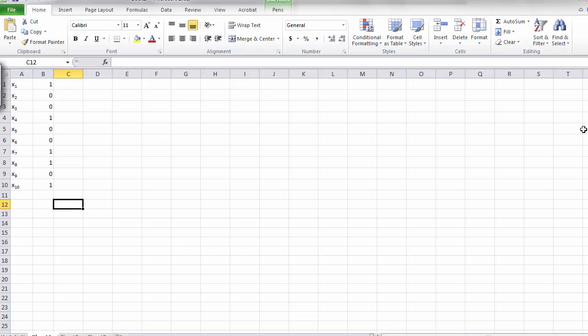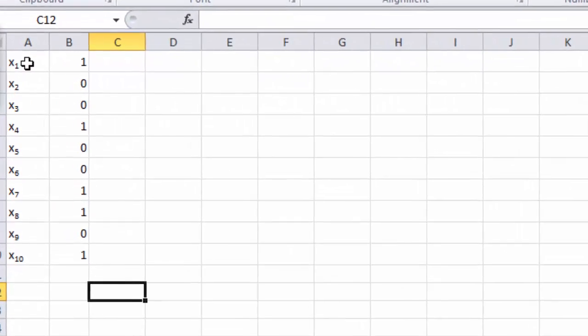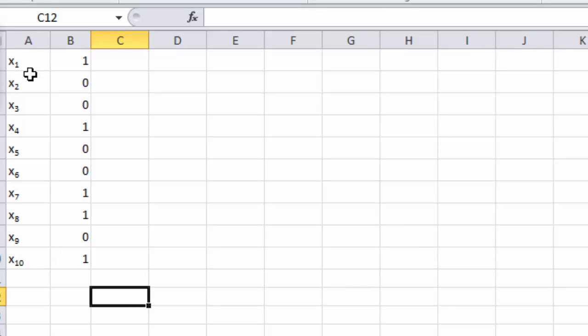So here I have done a simulation of this experiment. In this case there are 10 cups, and this is the outcome of an individual who doesn't have the ability. This particular individual got the first one right, the second one wrong, the third one wrong, and so on. In total, he got 5 right out of 10.